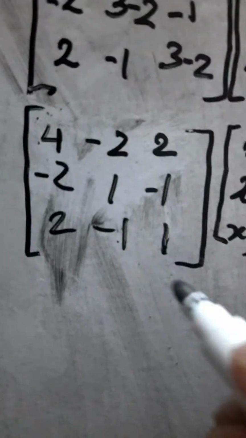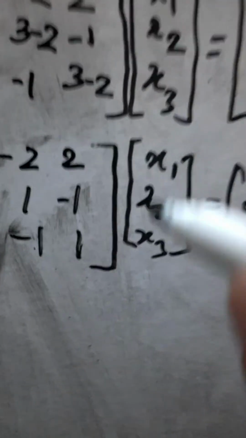We find the rank as the number of non-zero rows, the rows which have a non-zero element. The number of unknowns, 3 variables, minus the rank gives the geometric multiplicity.